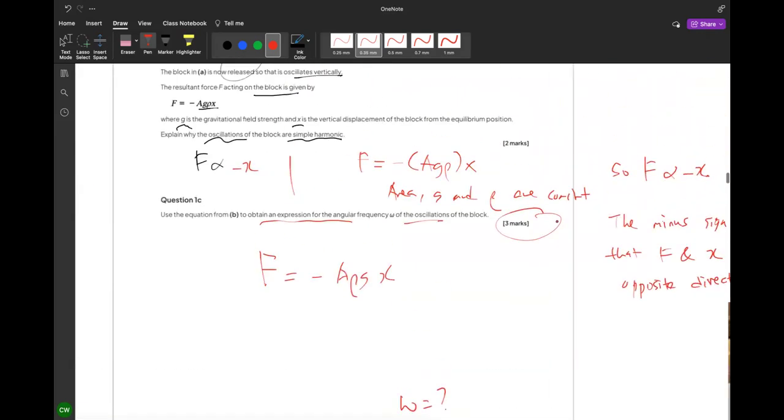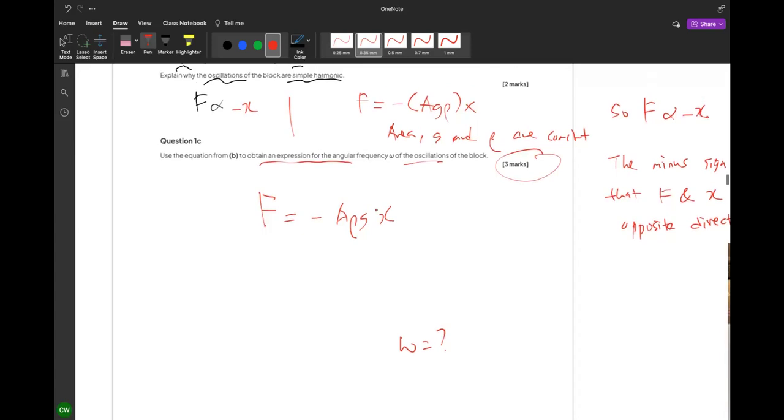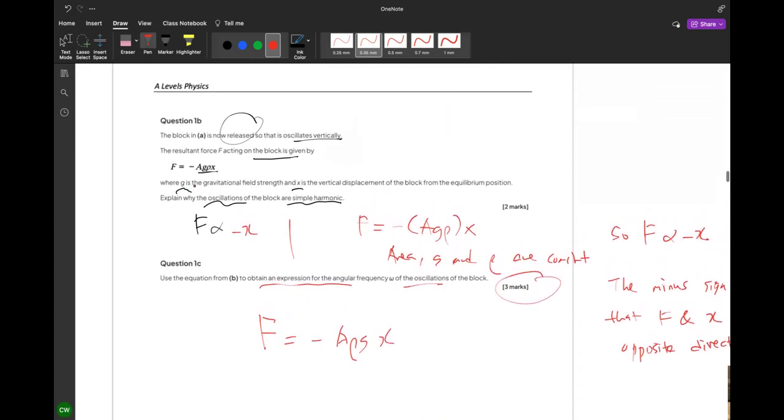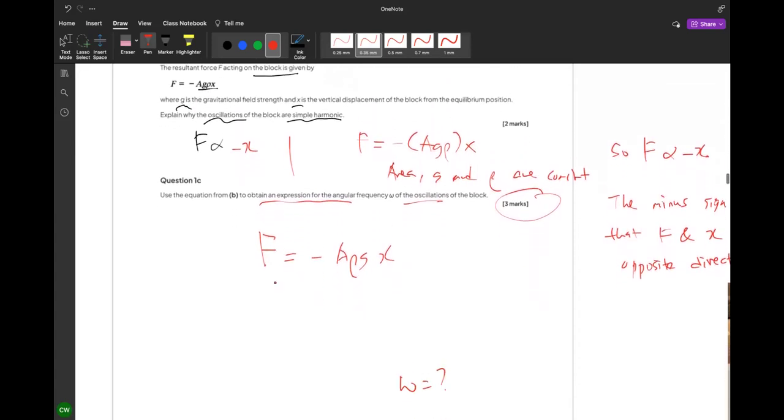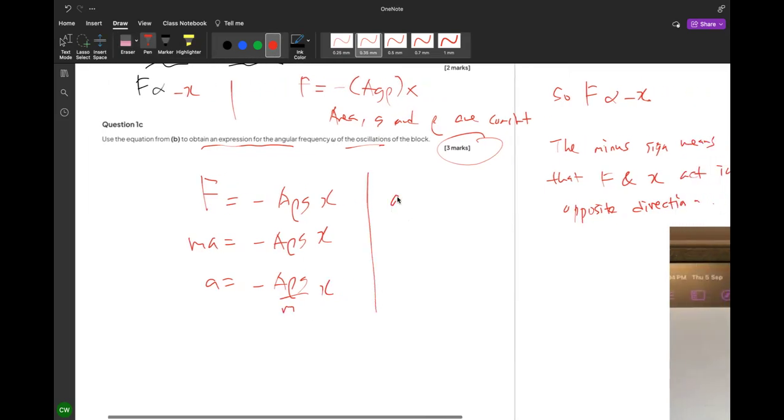Okay, why am I saying that? Because actually by right, this one equals this. F is equal to ma. A rho g s. What is a? a is negative A rho g over m times s. What is the simple harmonic motion definition? a is negative omega square s.